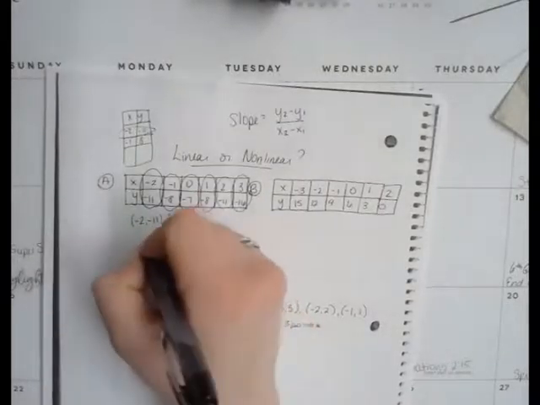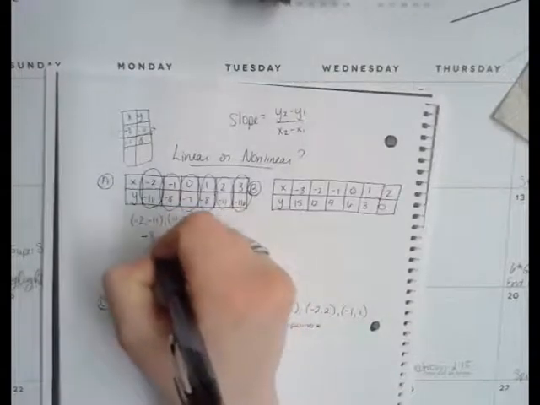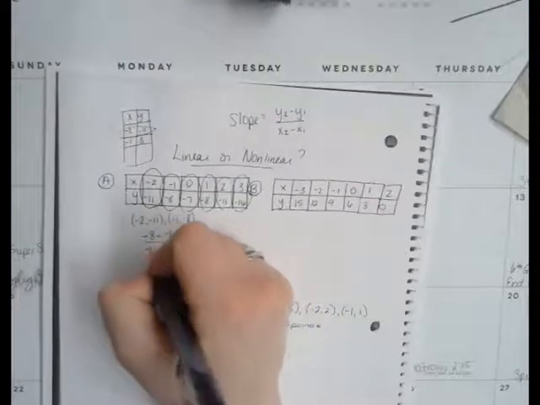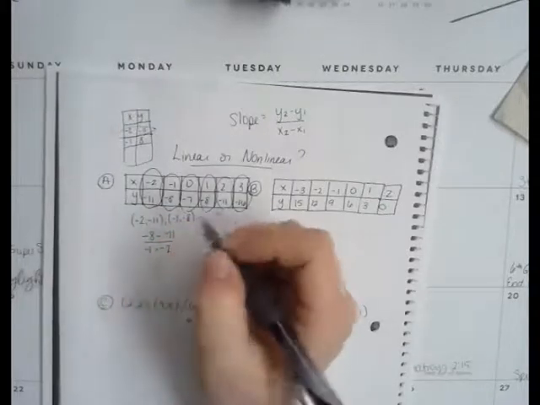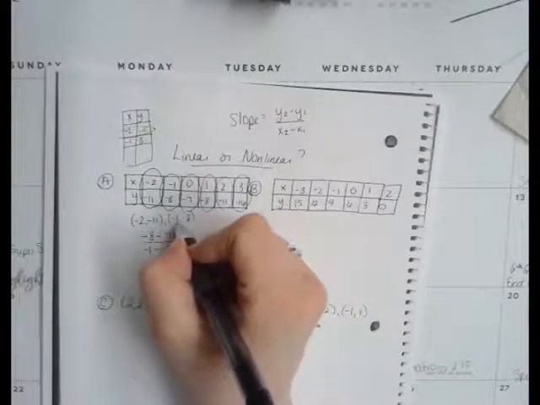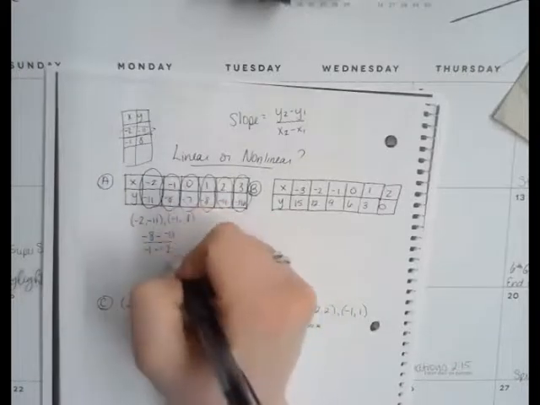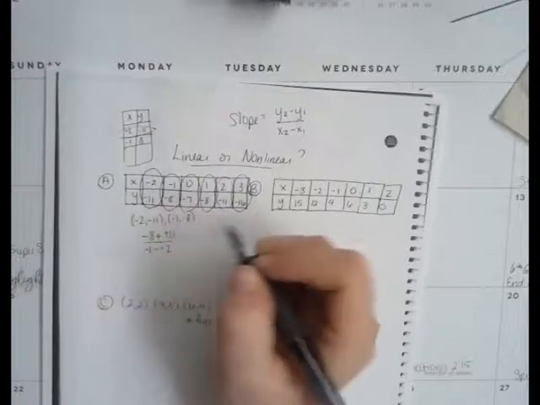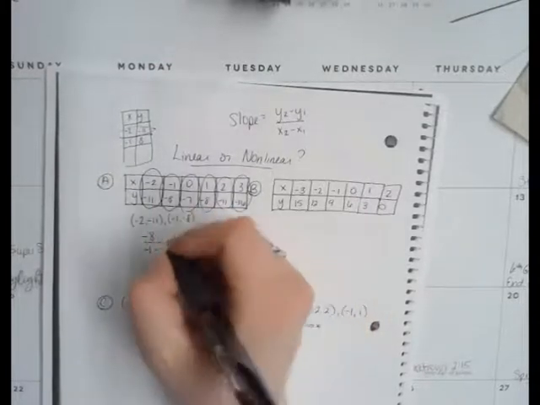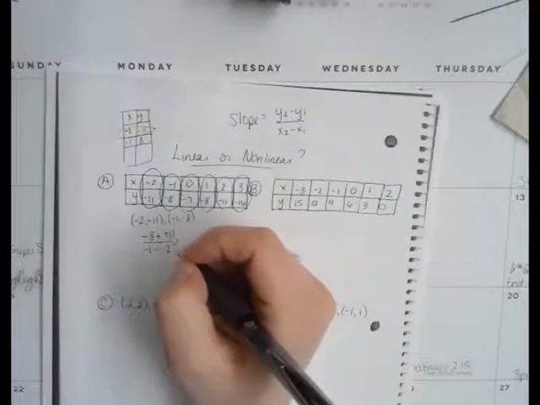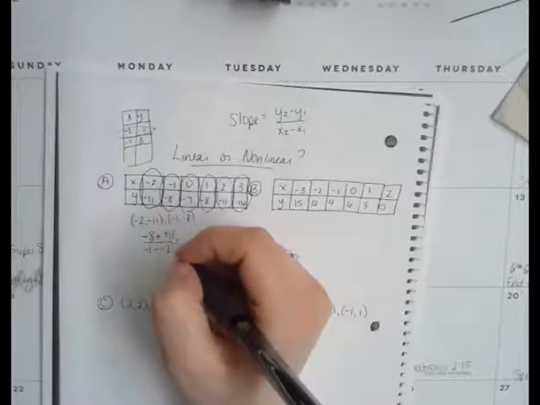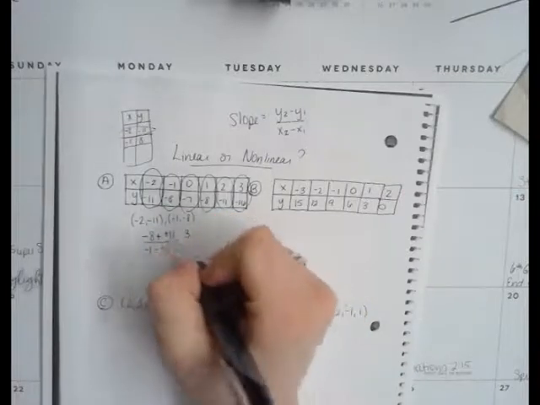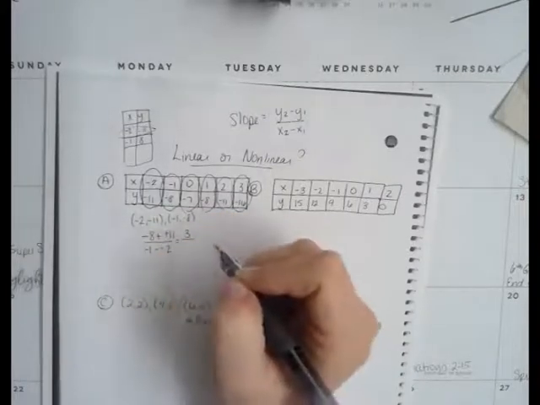So I'm going to take my second y minus my first y over my second x minus my first x. So I have -8 minus -11. I would use KCC, keep the first, change the subtract to add, change the sign of the second number. Now I have -8 plus 11, different signs, so we'd subtract. 11 minus 8 is 3. 11 is the bigger number, so it stays positive.